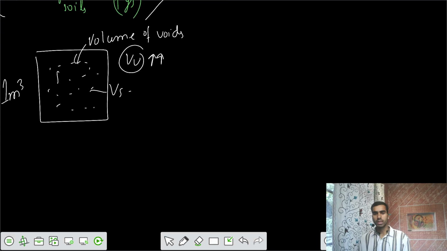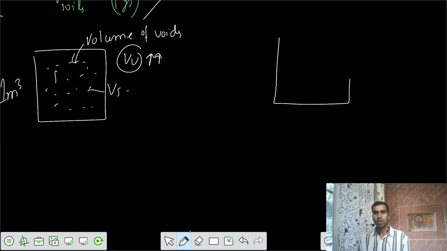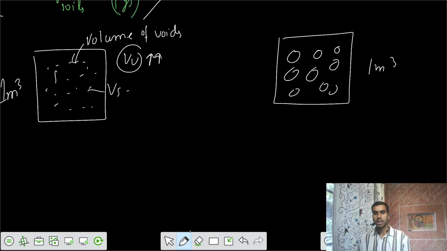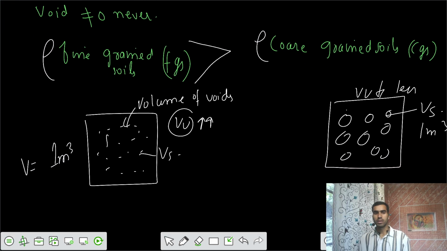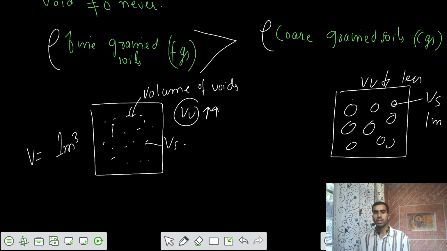With respect to that same volume of 1 meter cube, but where the soil is coarse grained, here we have more volume of solids but less volume of voids. Because of that, the void ratio of fine grained soils is greater: e FGS is greater than e CGS.